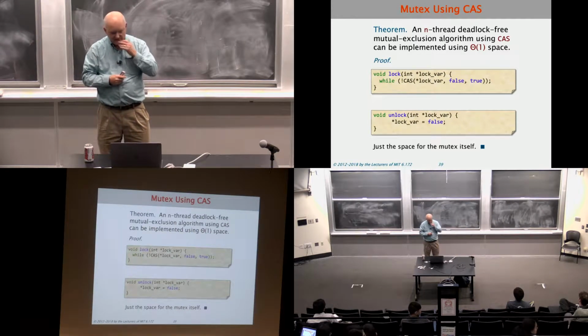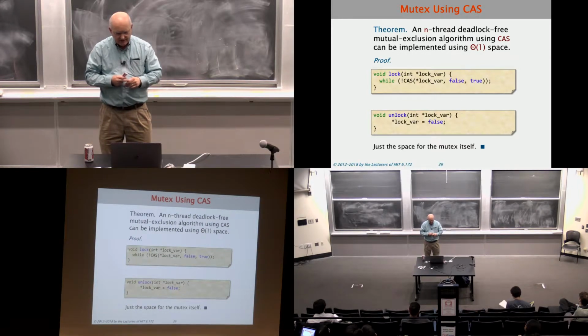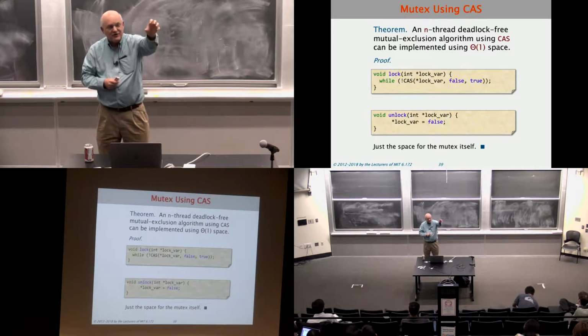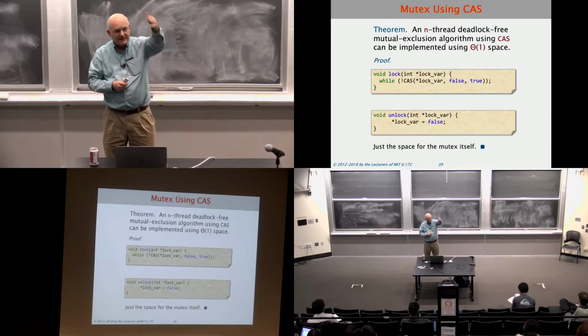Question: why does it dereference the pointer in the lock? Because when you're saying what memory location are you pointing to, you're interested in comparing with the value in that location. It is a memory operation, so I'm naming the memory location.